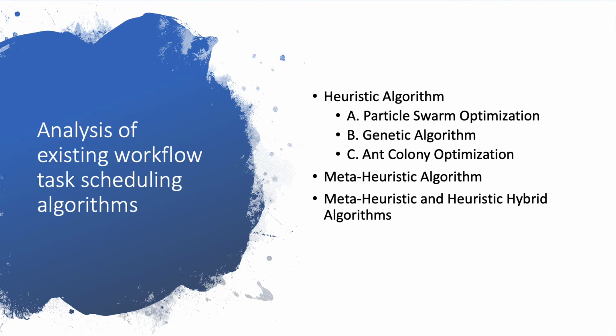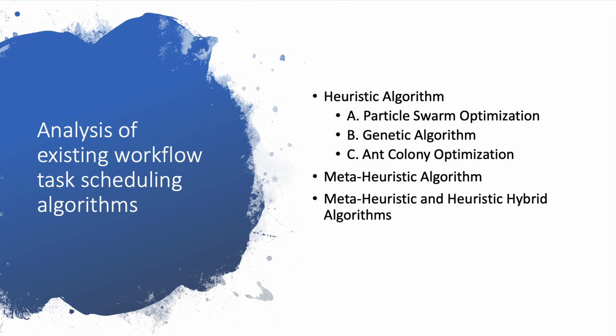It combines the random algorithm and local search algorithm. Heuristic and meta-heuristic hybrid algorithms are used to solve the workflow scheduling problems. Representative examples include best fit, random, round robin, and max-min.